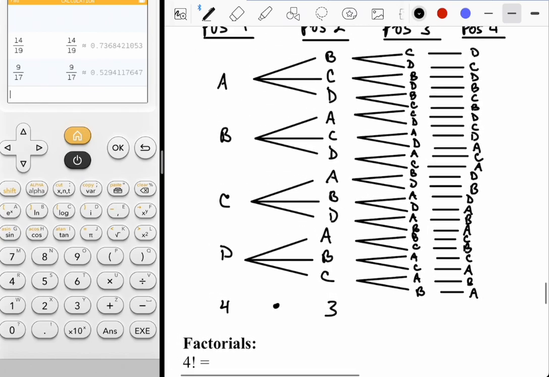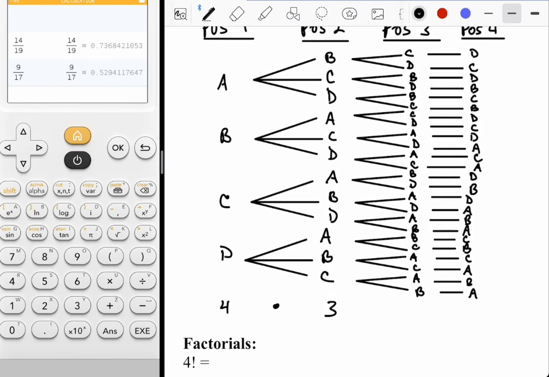All right. Now, again, we had 4 possible outcomes for the first position. Depending on who was selected, you had 3 additional possible outcomes. That's where the 3 came from.